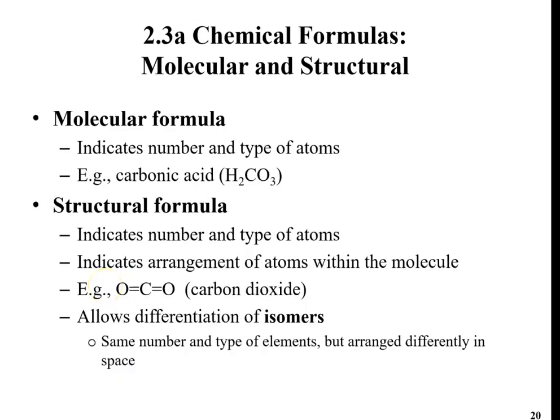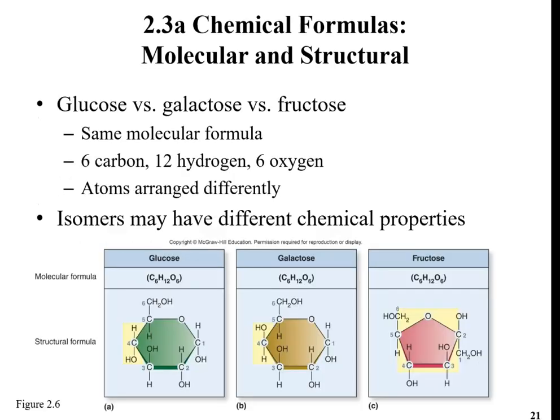Structural formulas allow differentiation of isomers, and isomers have the same number and type of elements, but they are arranged differently in three-dimensional space. This is a good example. So glucose versus galactose versus fructose.